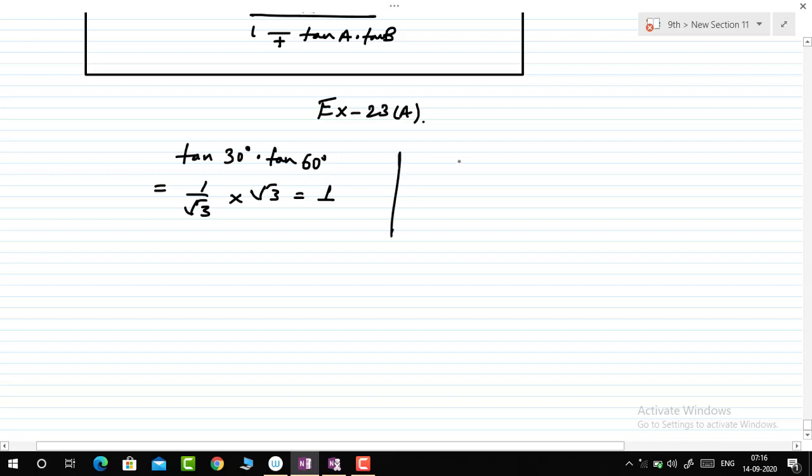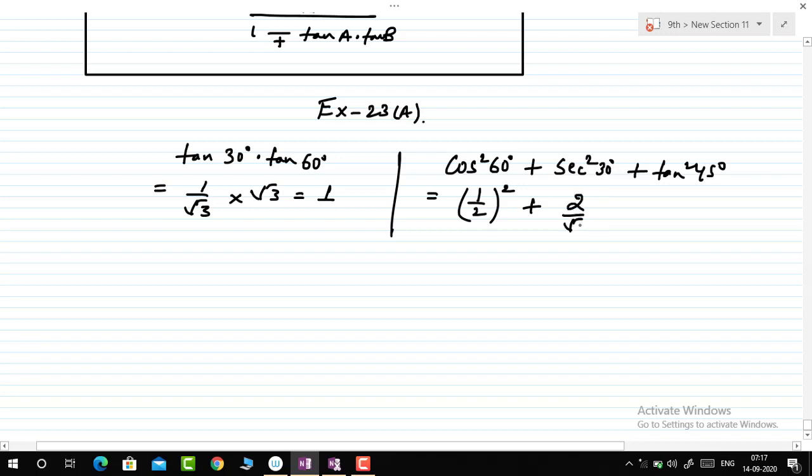Similarly, if you have to find the value of cos square 60 degree plus sec square 30 degree plus tan square 45 degree. Cos 60 is the same as sin 30, which is 1 upon 2, and the square is there, so it will be 1 upon 2 whole square, plus sec 30, the reciprocal of cos 30. Cos 30 equals sin 60, which is root 3 by 2, so it will be 2 upon root 3 whole square.